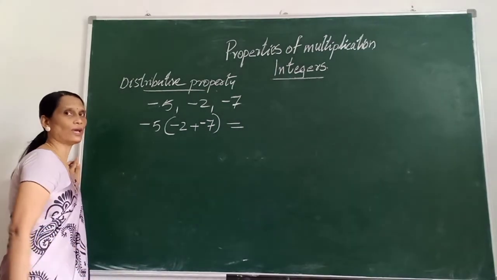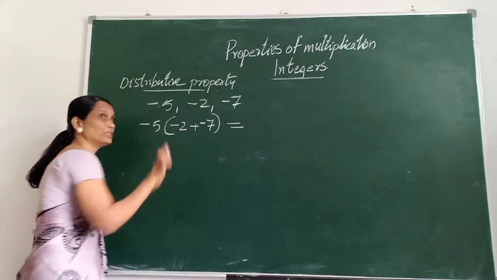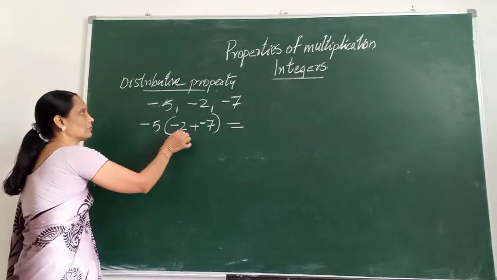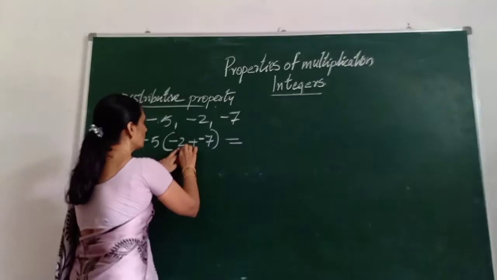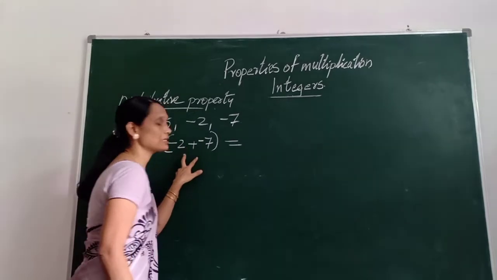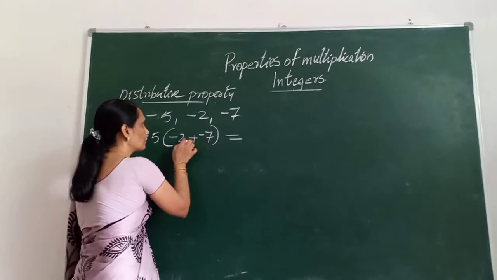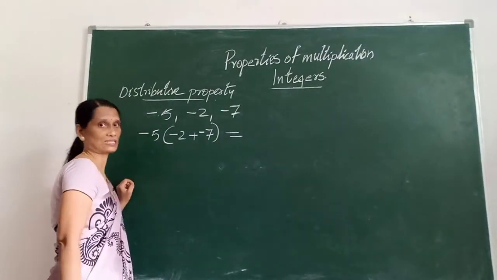So already we know that we should do the operation on the numbers in the bracket first of all. So what is in the bracket? Minus 2 and minus 7. So minus 2 plus minus 7 we have to do first. What is minus 2 plus minus 7? 7 plus 2, 9, so minus 9.